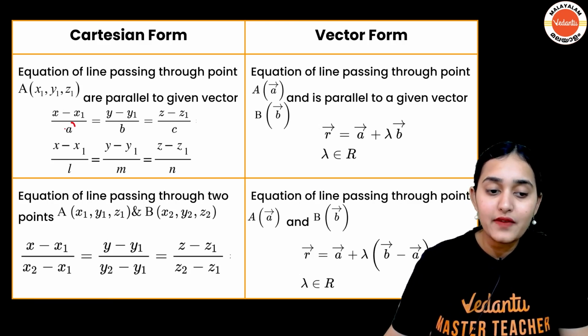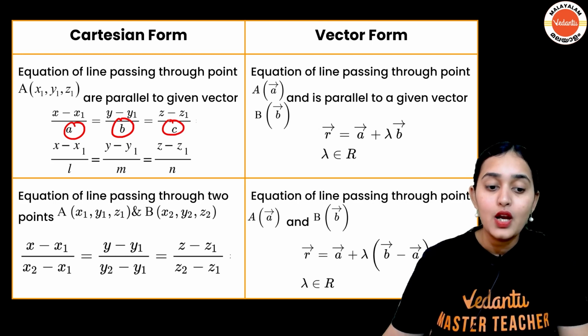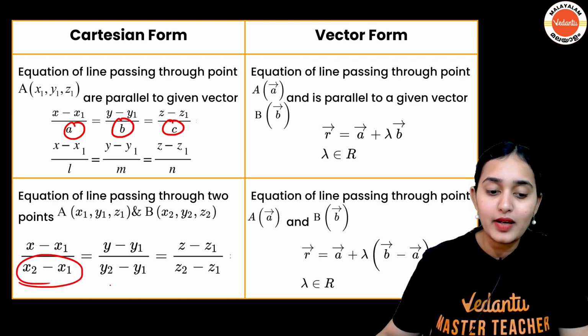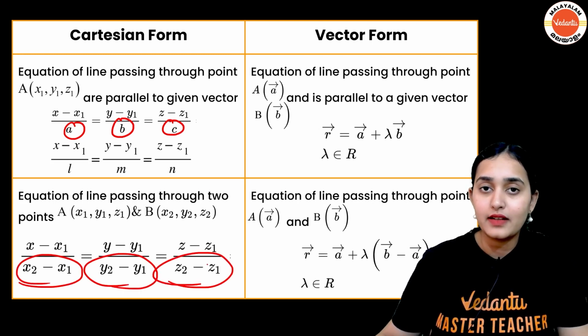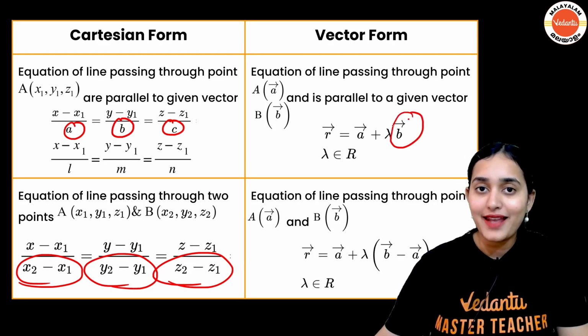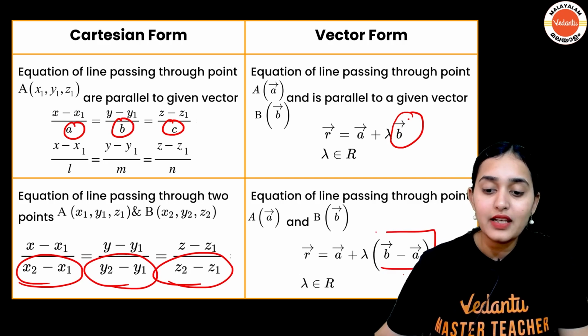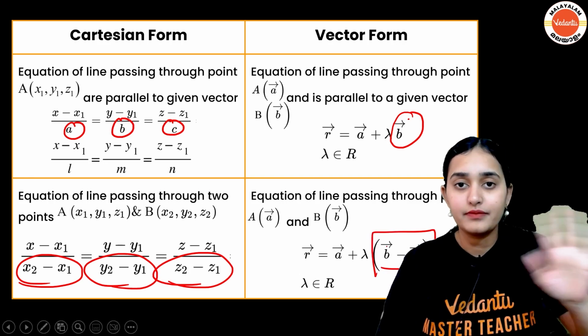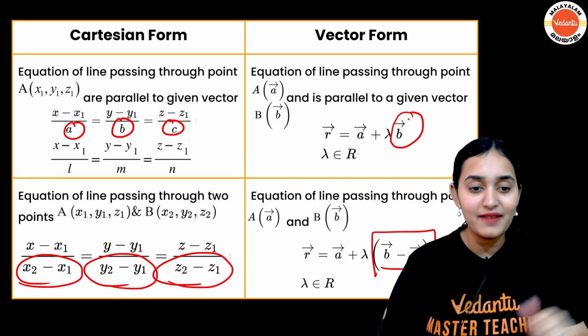When 1 point is given, it will be A, B, C. When 2 points are given, it will be x2 minus x1, y2 minus y1, z2 minus z1. Here also, when 1 point is given, simply the parallel vector. When 2 points are given, the difference of the 2 points. That's the only difference.